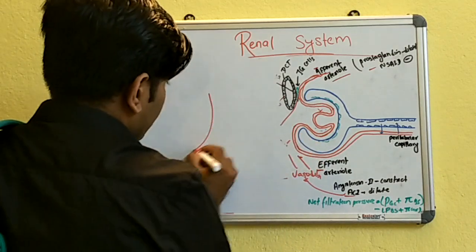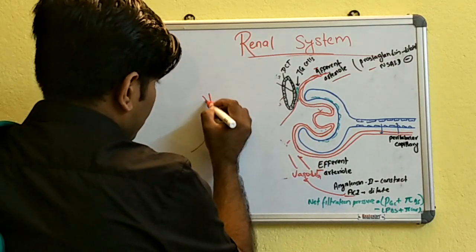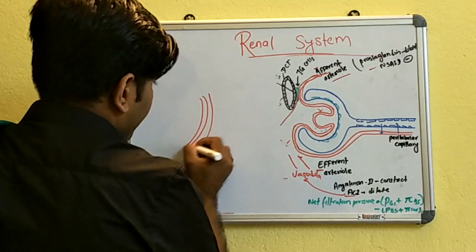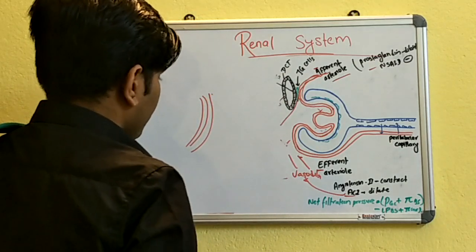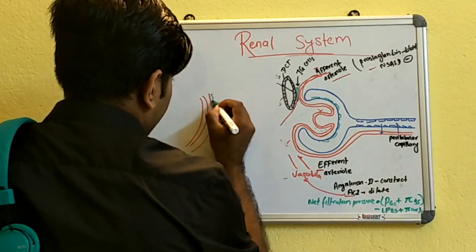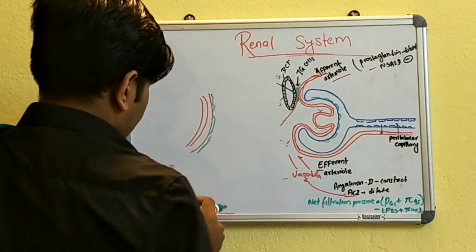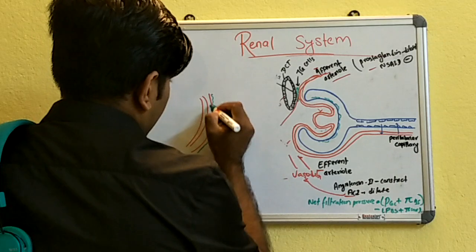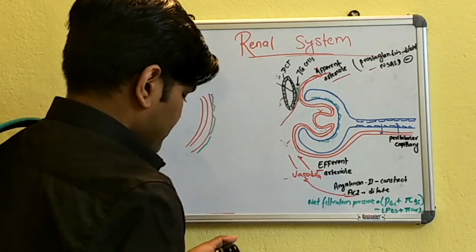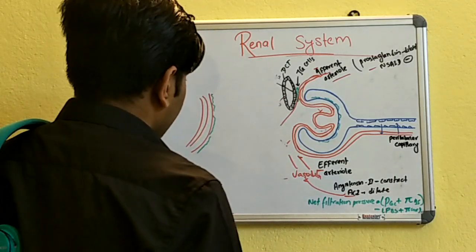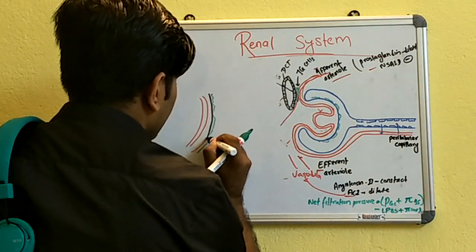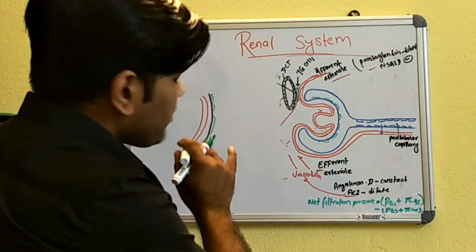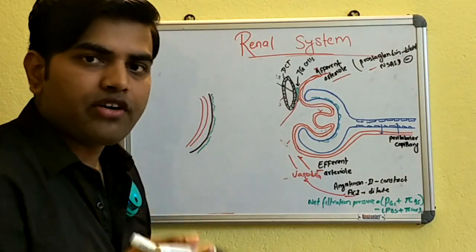So there is a basement membrane. This is the endothelium, and it is fenestrated. This is the basement membrane. This is called the glomerular filtration barrier.